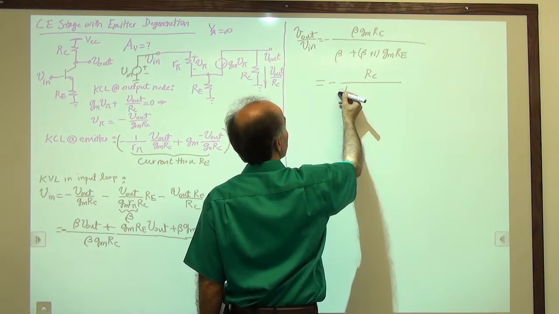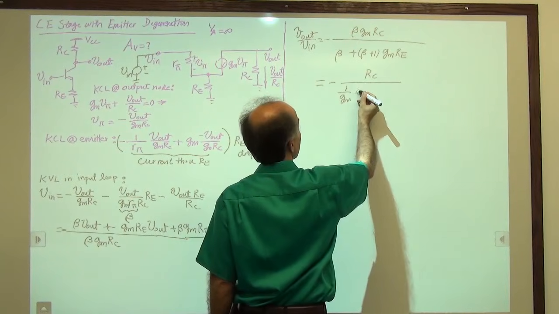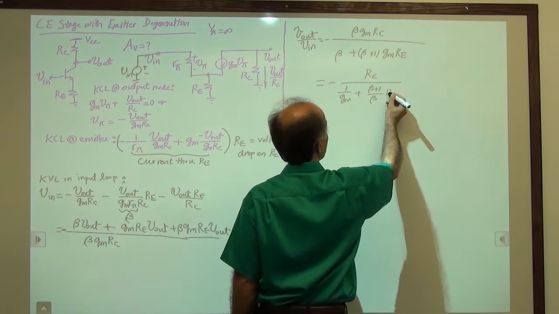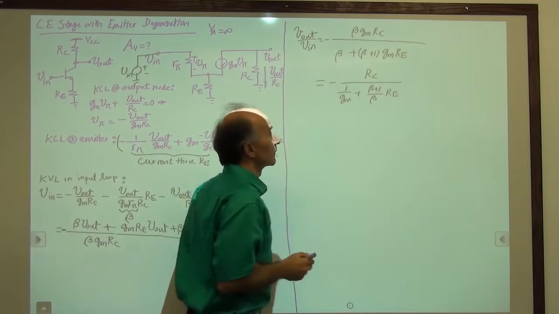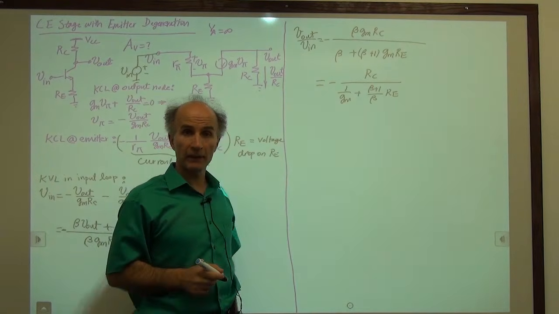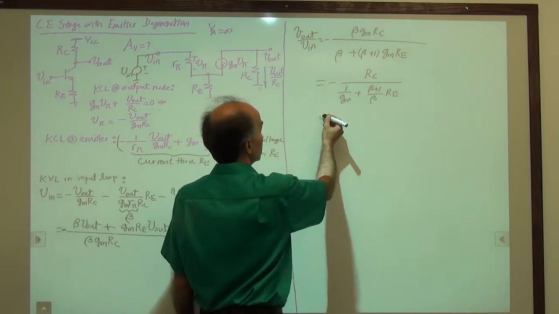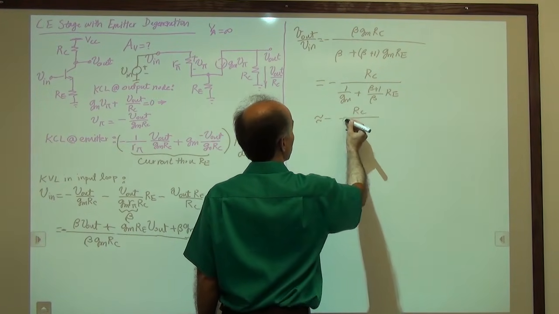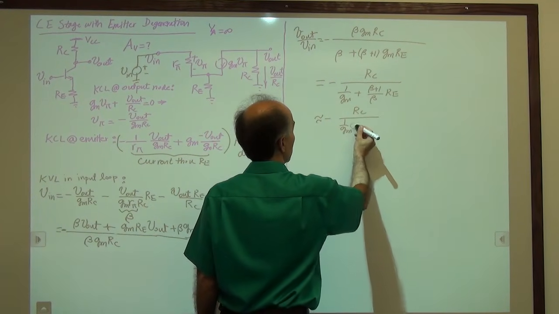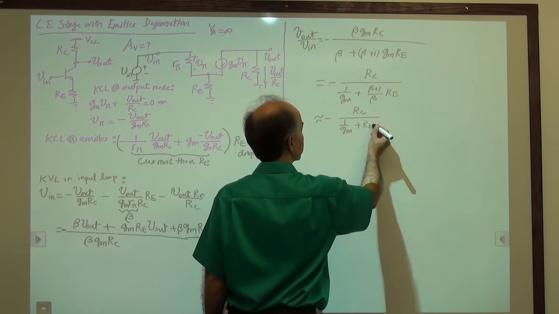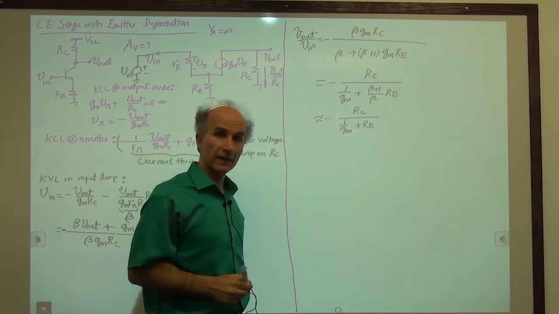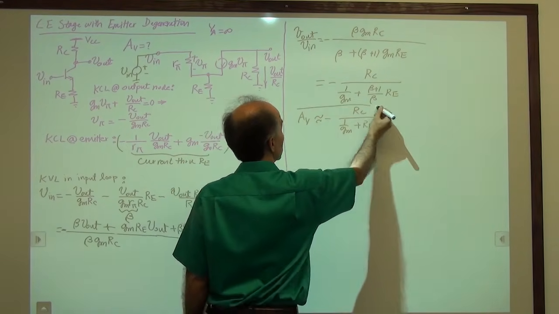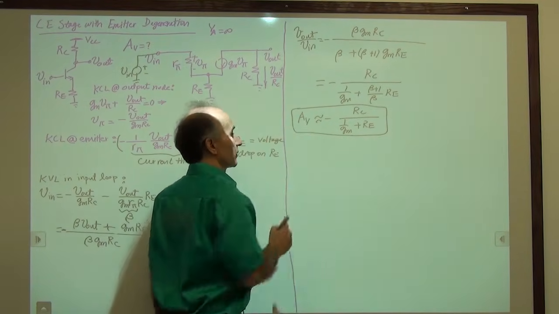This will become 1 over GM, and this will become beta plus 1 over beta RE. And beta plus 1 over beta is close to 1, so that's approximately equal to minus RC over 1 over GM plus RE. That is the voltage gain of a common emitter stage with emitter degeneration.